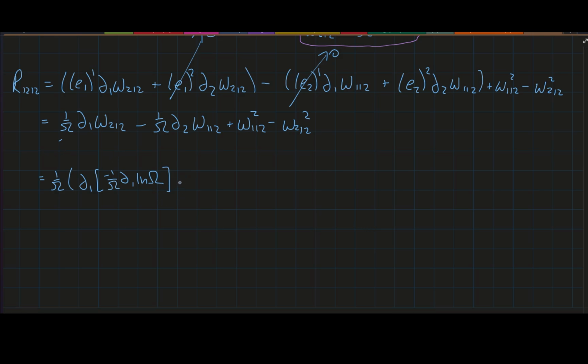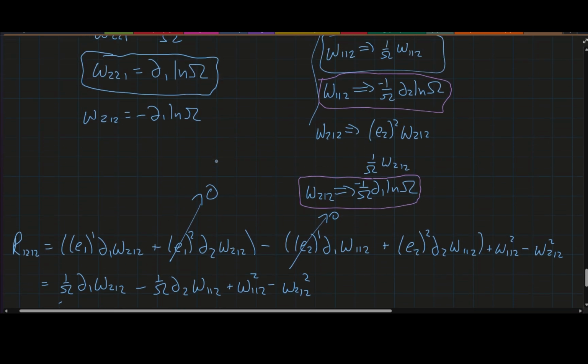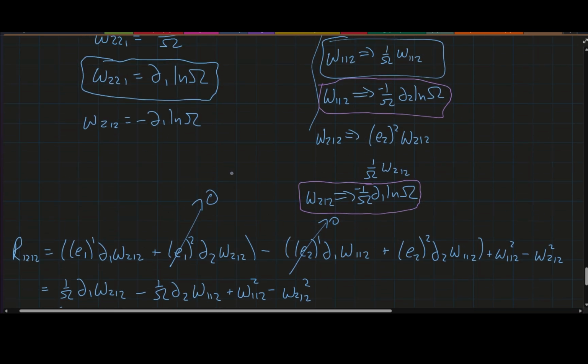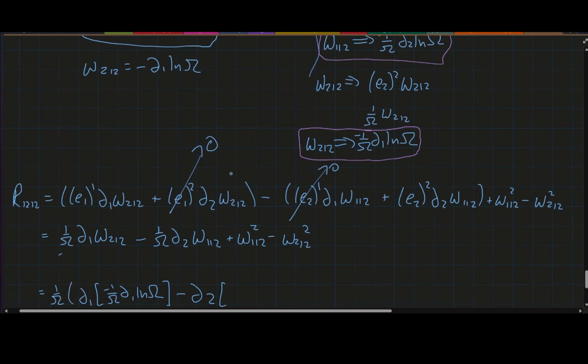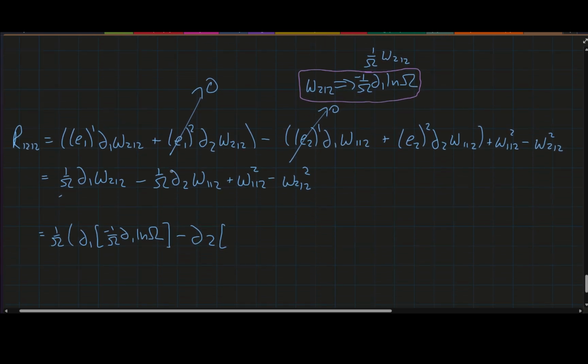Okay, and then we get minus, the 1 over omega is already taken care of, so we get del 2 of W112. So again, minus 1 over omega, it's going to be a del 2 instead. Okay, so minus 1 over omega del 2 ln omega.